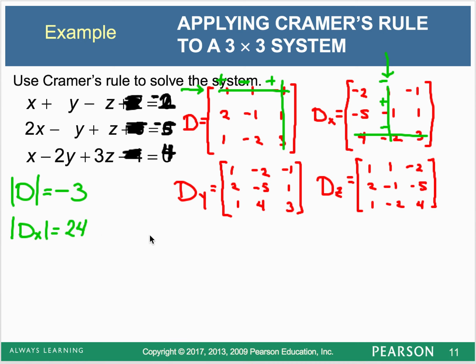Then we're just going to do the same thing for D sub y and D sub z. On D sub y, I guess I'll go down this column. So don't forget, plus, minus, plus.